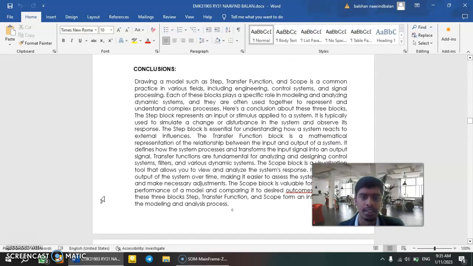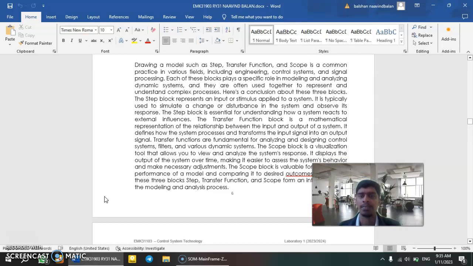For the conclusion, the transfer function block is a mathematical representation of the relationship between the input and the output of the system. It defines how the system processes and transfers the input signal into an output signal. It is used for analyzing and designing control systems, filters, and various dynamic systems.